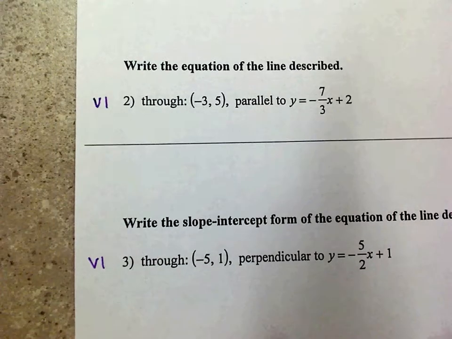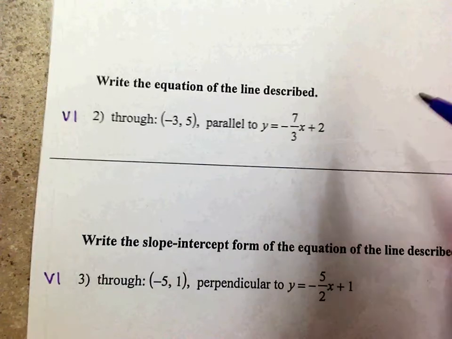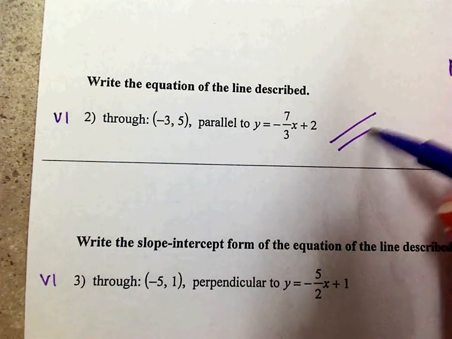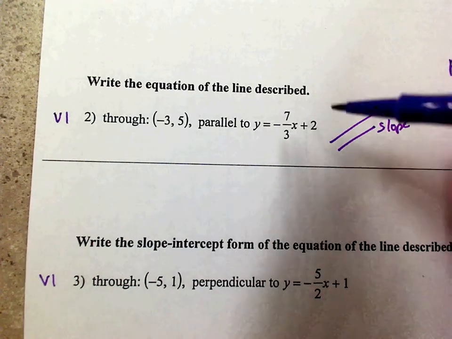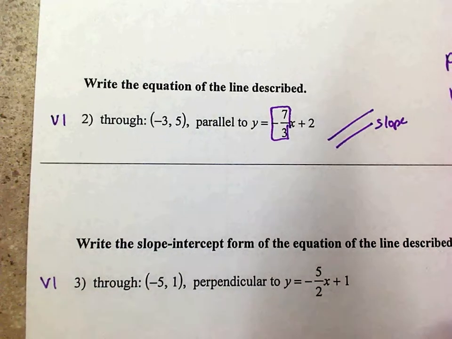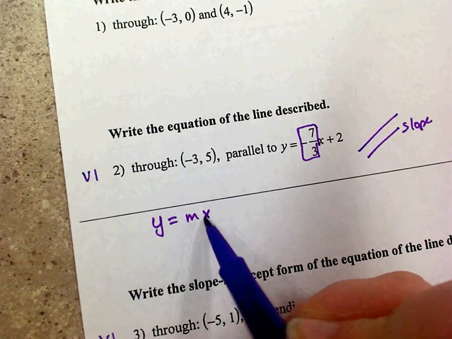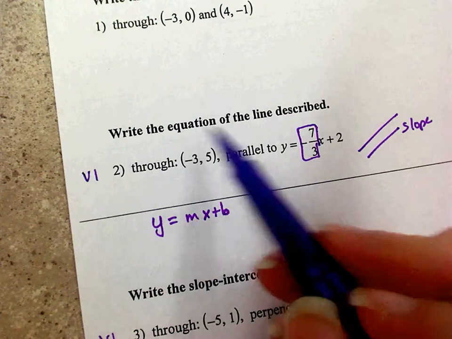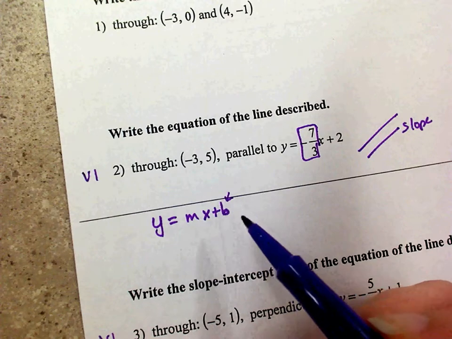Okay, so what we want to do is go through this point and be parallel to this line. Well, to be parallel means you have the same slope, and that's the only thing you have the same. The slope of this line is -7/3, so I know that's the slope I need for my new line. So y equals mx plus b. It does say just write the equation, so I could write it in mx plus b and find b, but I don't have to.